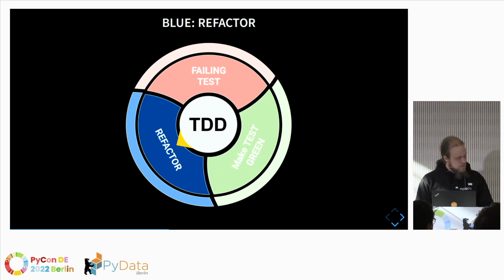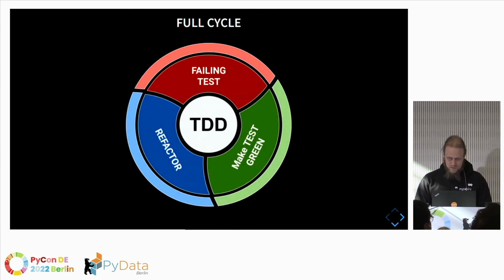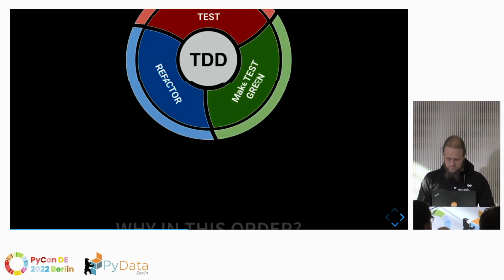So in red and green, it's totally okay to just copy and paste code. It feels strange at first because duplicated code is not the best idea. But with the refactor step, we can make sure everything is working because we have the test, we have the code, and it is beautiful as well. Okay, so that's the full cycle.